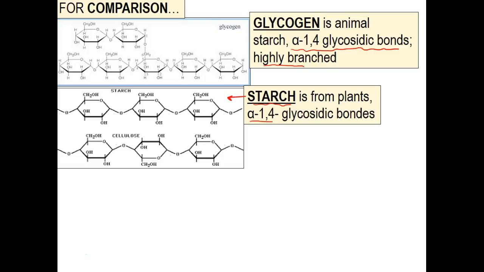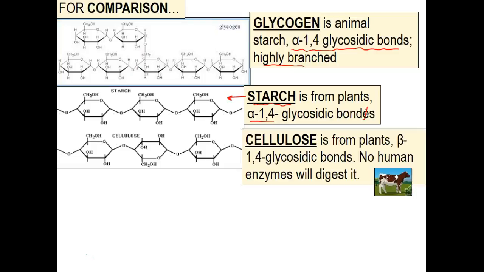But like I said, I will not ask you that. And here is cellulose. Cellulose makes up plant cell walls, but we do not have the enzyme to digest it. Cows, on the other hand, do have the enzyme, and they eat lots of grass, and that enzyme is in one of their 4 stomachs.